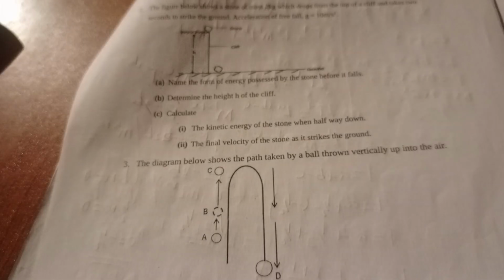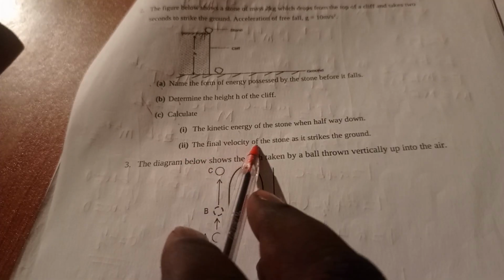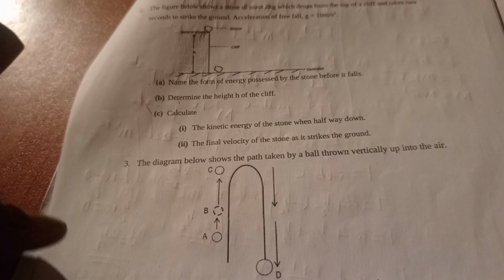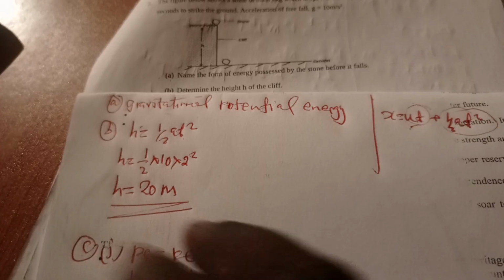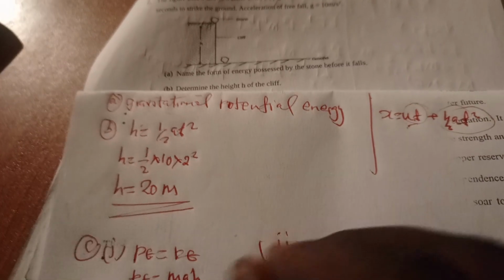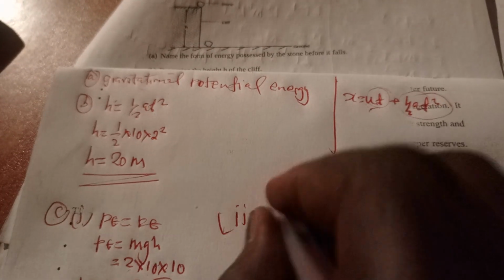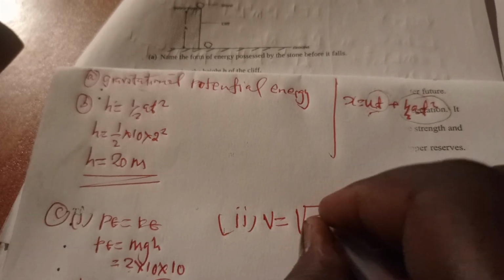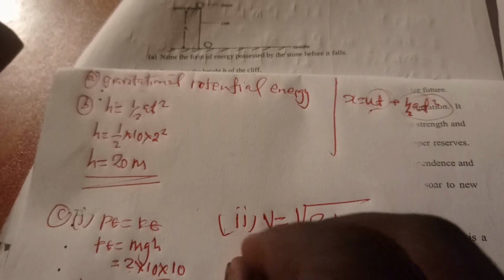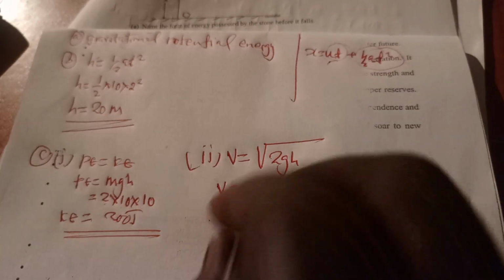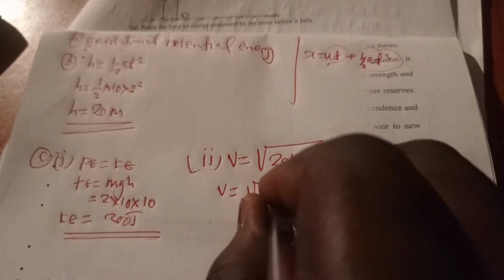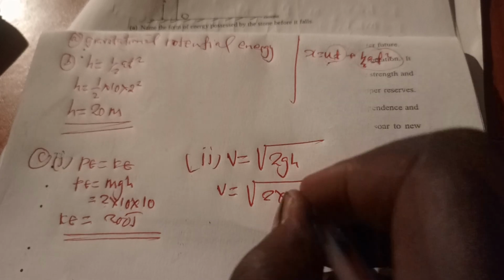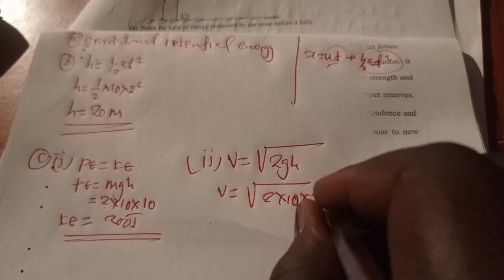Okay. Then I'll go to the last part, which is the final velocity of the stone as it strikes the ground. So this is question 2C2. We need to know that velocity on this topic is equal to the square root of 2gh. So velocity is equal to the square root of 2 times the gravity, which is 10, and the height, which is 20 here.